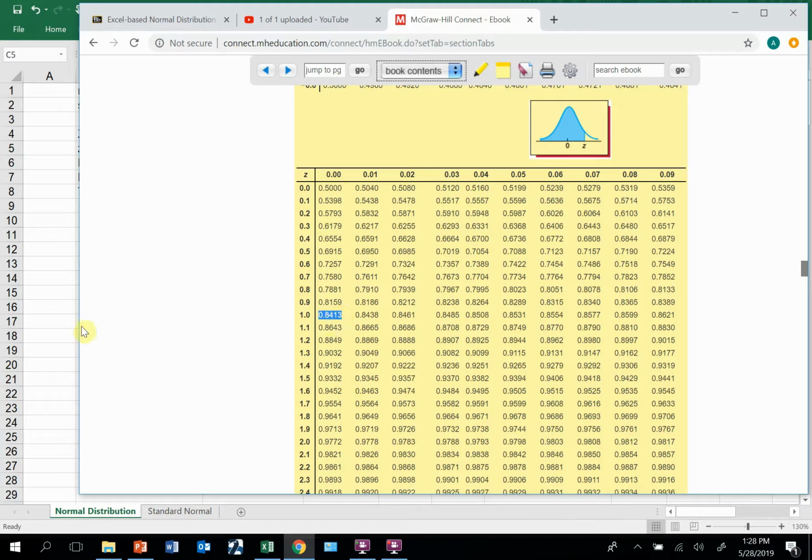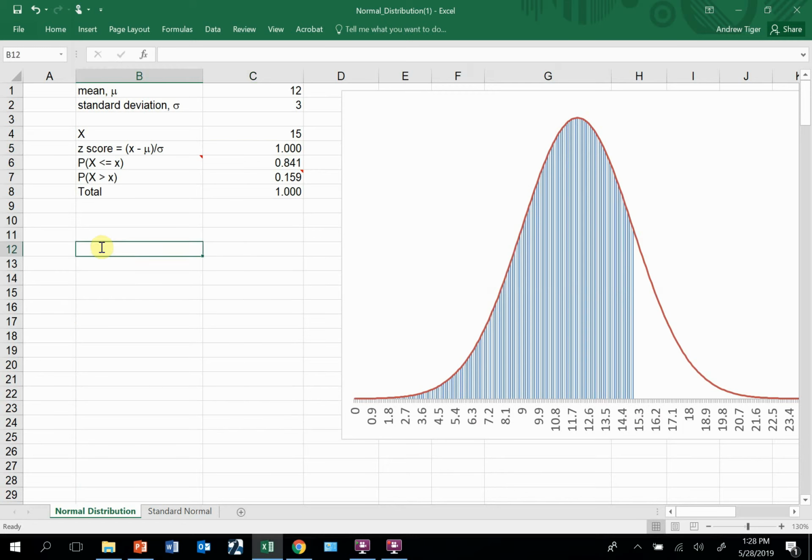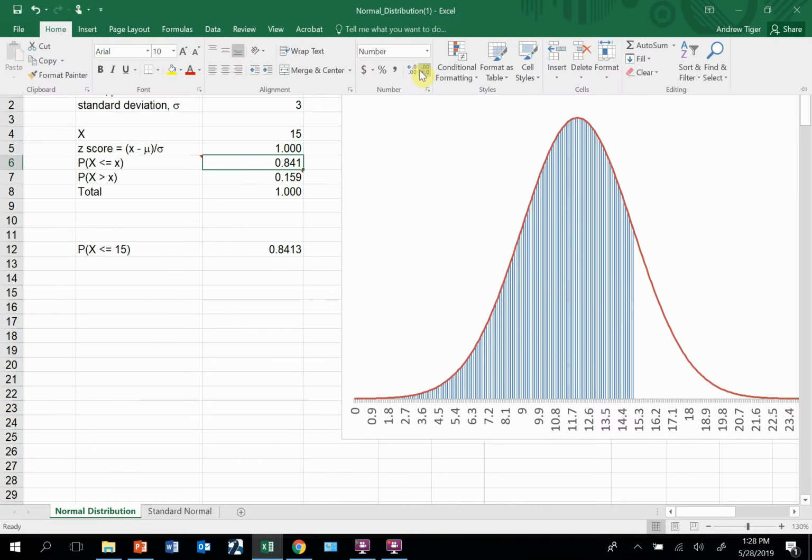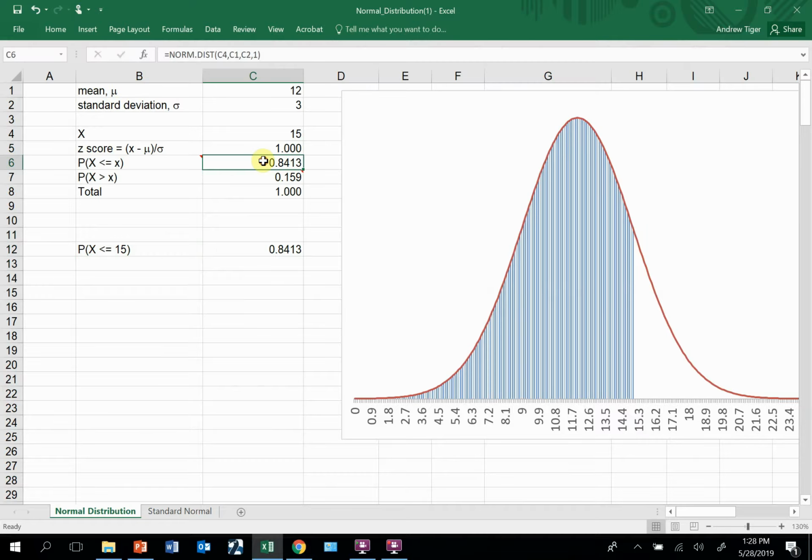So the probability that I would have a value less than or equal to 15 is 0.8413. Well, doesn't that look familiar? That's what this is. And I didn't have to use the back of the book. I just plugged in and used the NormDist.